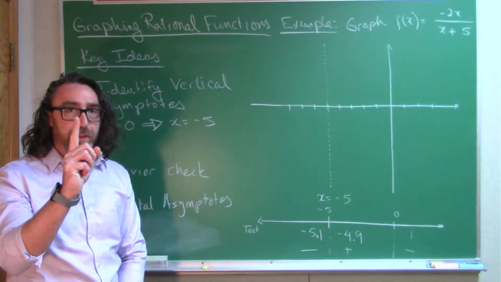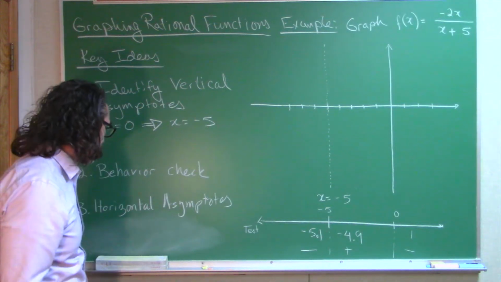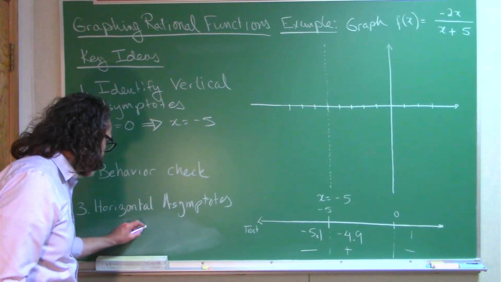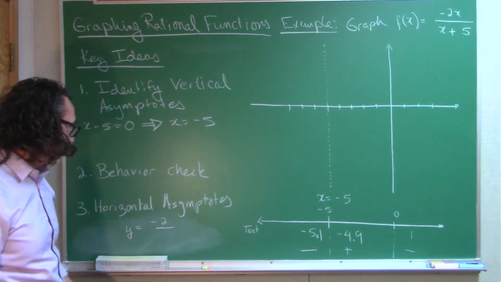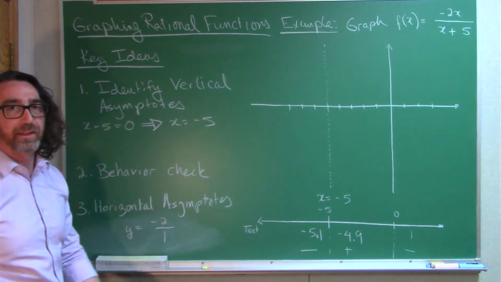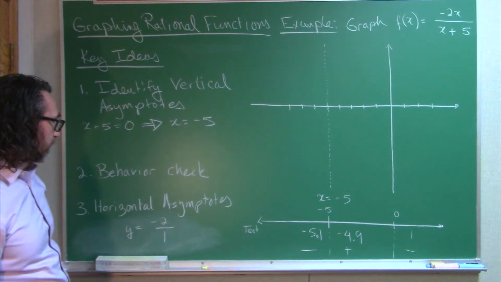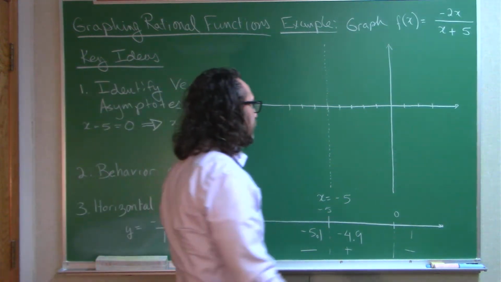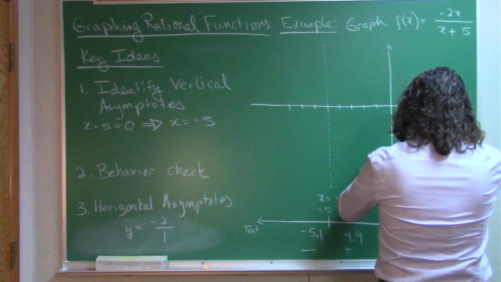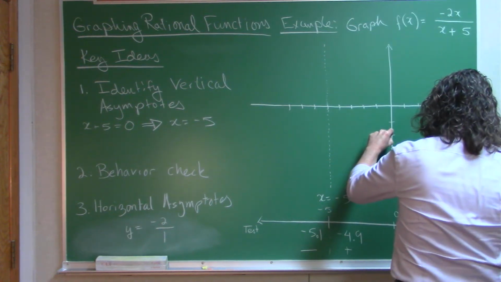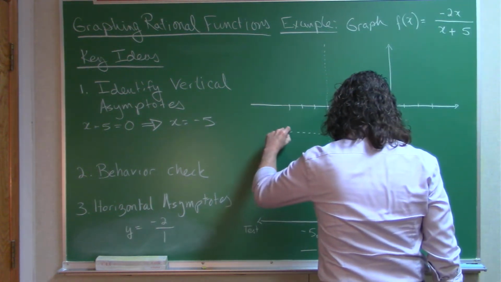They're both degree 1, so they have the same degree. You'll have a horizontal asymptote at the ratio of the lead coefficients. Up top, the lead is -2. Downstairs, the lead is 1. Ratio of the lead coefficients is -2. So we will have a horizontal asymptote at y equals -2.